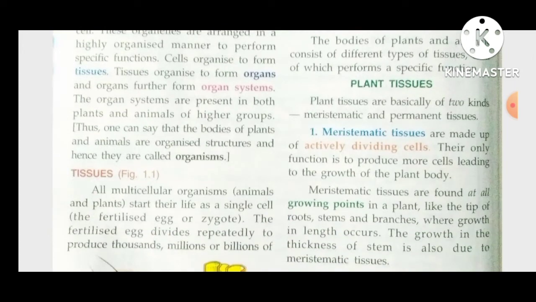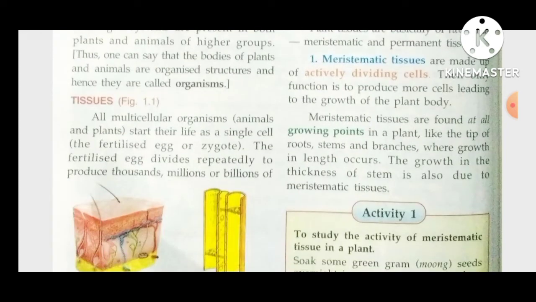Meristematic tissues are made up of actively dividing cells. Their only function is to produce more cells, leading to the growth of the plant. These cells then go to permanent tissue, and this process goes on.